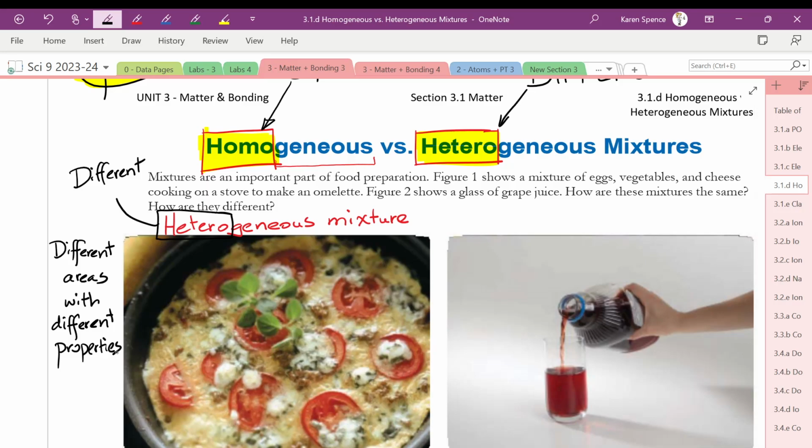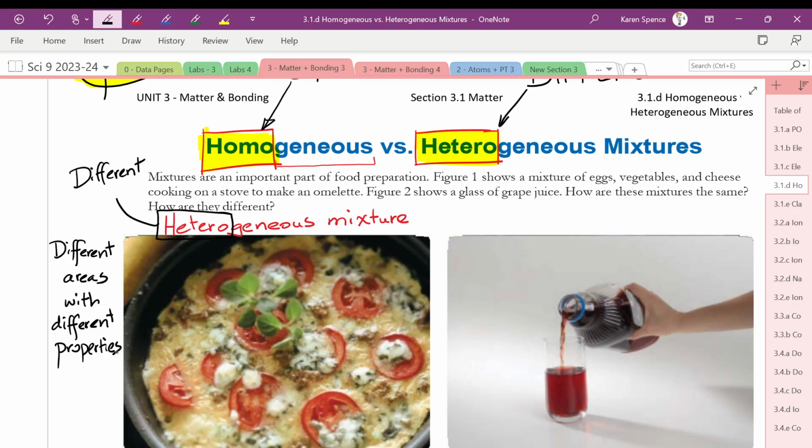Tastes sort of tangy, maybe, and a little mushy. Okay, so that's the tomato area. And then it looks like there's some cheese in there. So that area tastes a little bit salty, maybe a little bit creamy. Yeah. And then we've got the egg, which has its own texture, right? That's not the same as the tomato or the cheese, right? So we have all these different areas with all different properties.